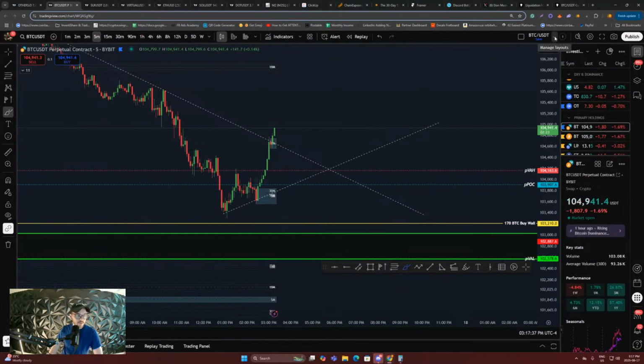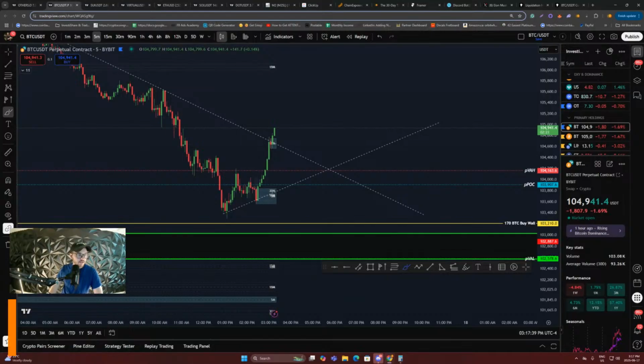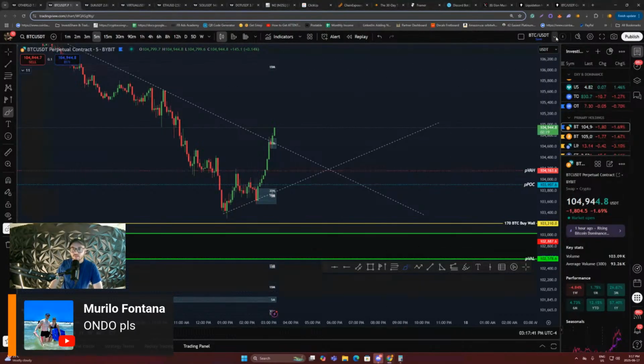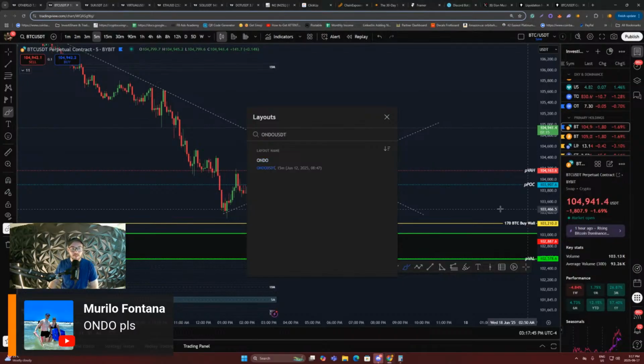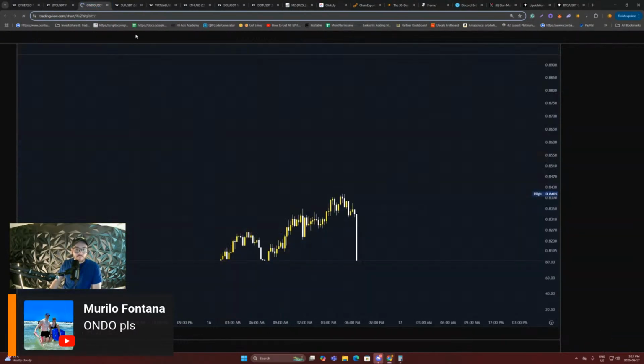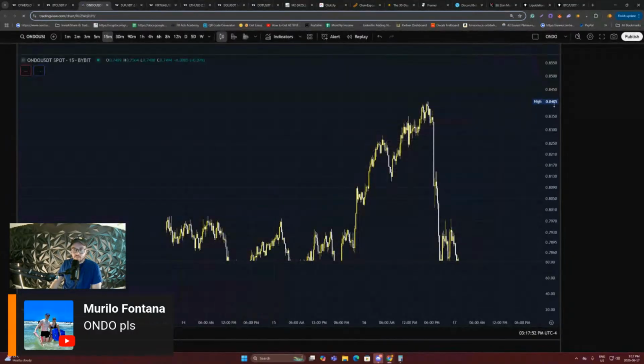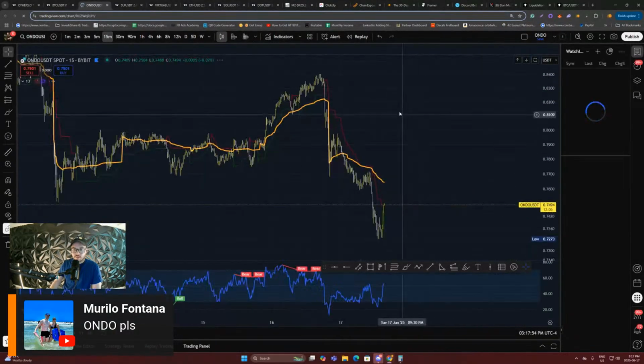SUI. Okay, we looked at SUI already. Let's look at Ondo. Maybe Ondo's lagging behind, might get an opportunity there. Last time we looked at Ondo was on the 12th. 74 cents.